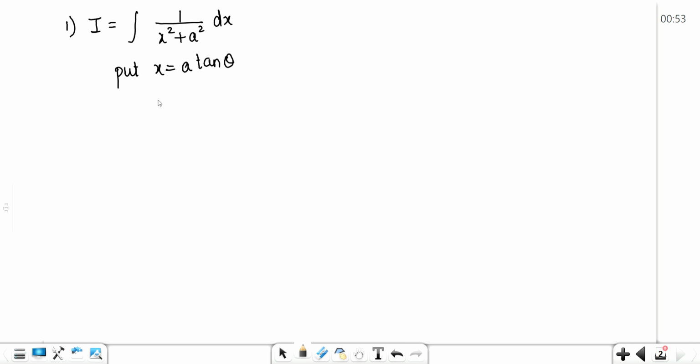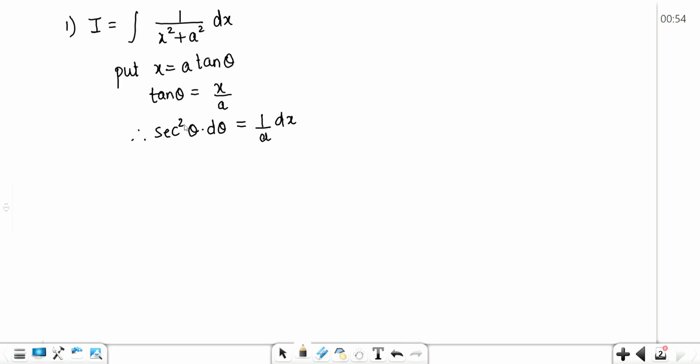So tan theta becomes x upon a. When we differentiate on both sides, I'll directly write the differentiation form, which is sec square theta d theta, and the derivative of x will be 1 dx upon a. A is constant, so we'll keep this aside.